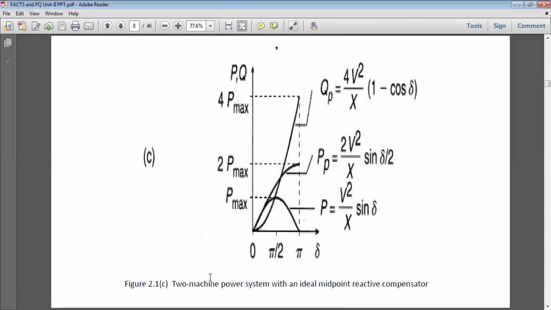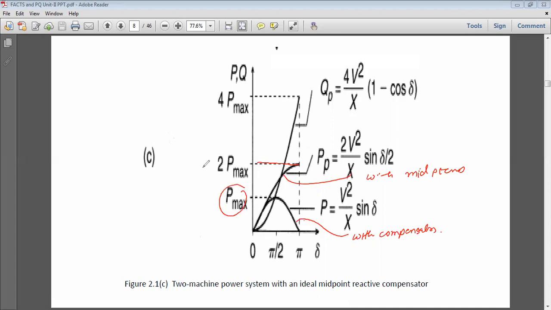See with the help of the phasor diagram: this is the power curve without any shunt compensator, and this is the maximum power P maximum, whereas this curve is with the midpoint compensator, and the maximum power is going to double.